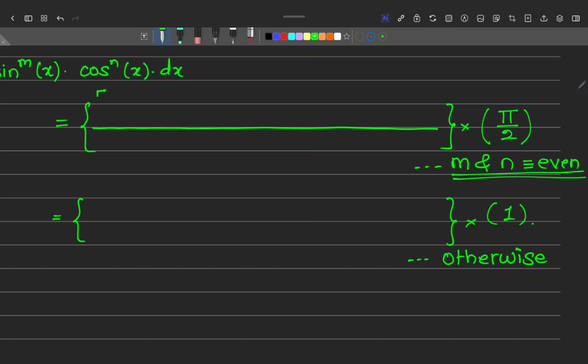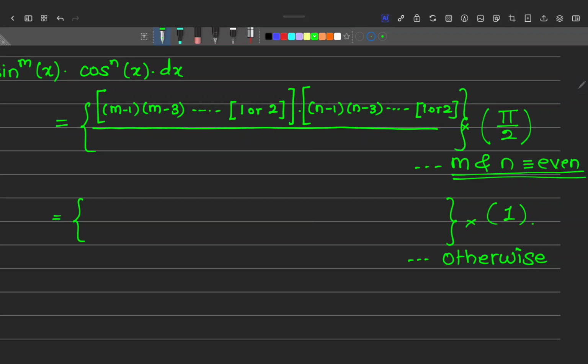So let's start with the first power m. So take m minus 1, m minus 3, and so on until the last term is 1 or 2. Then we take n minus 1, n minus 3, and so on until the last term is 1 or 2. Okay, so this is your numerator.